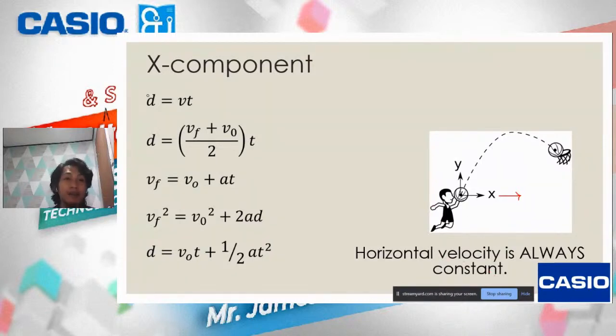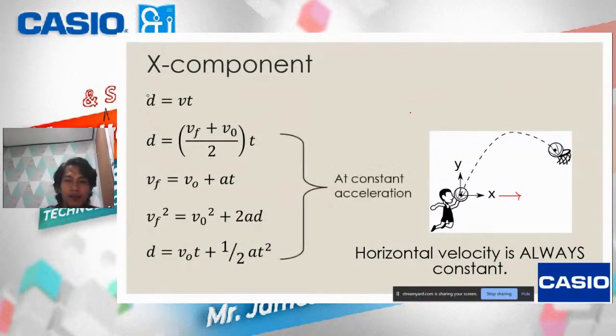Unless meron tayong air resistance, na normally sa ating mga problems, para mas makuha natin yung sagot, nine-neglect natin siya. Okay, with that, since all of these equations are for constant acceleration, and for our X component, the acceleration is equal to 0, ang ating equation lang for X component will be this one.